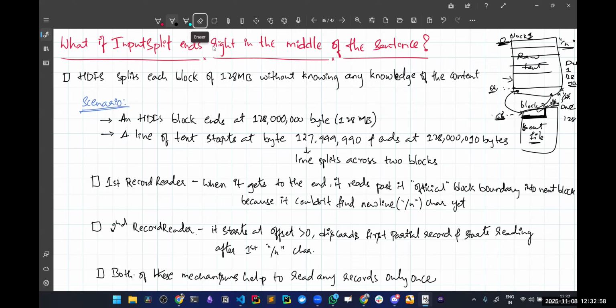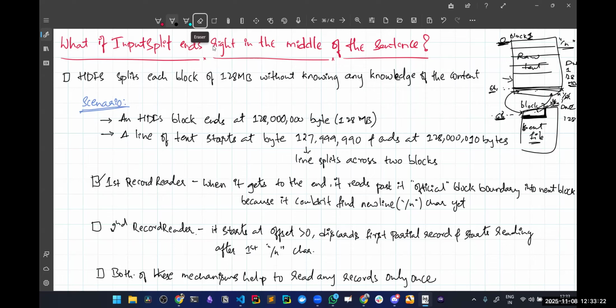The MapReduce framework is a little intelligent about that, so it will just skip it. That's how we avoid reading the same record in duplicate across both blocks.